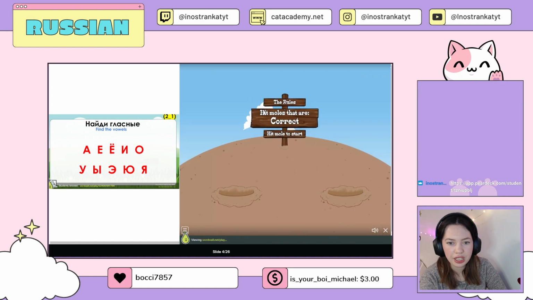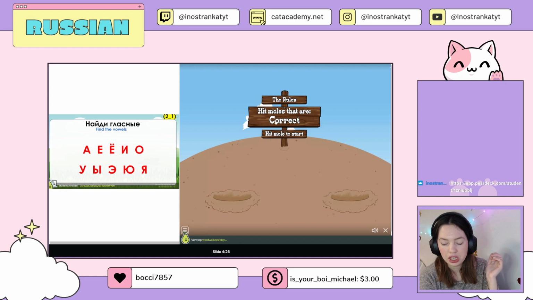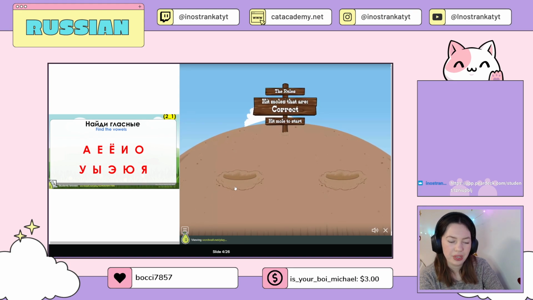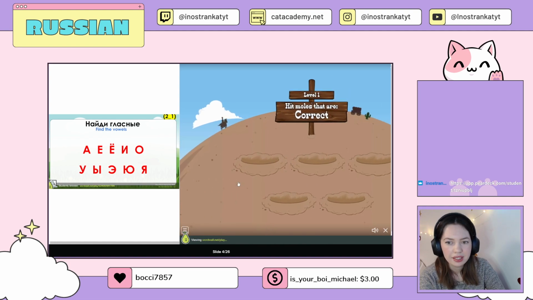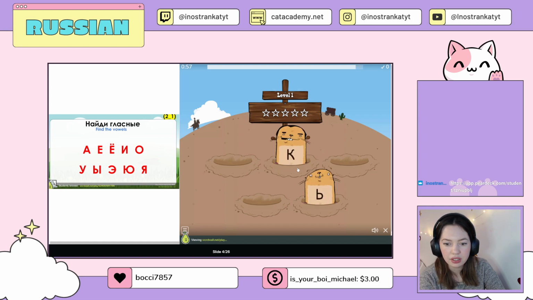And we will need to hit the moles that are vowels. So we need to only pick the vowels. Yeah! Woohoo! When we hit it. So we are going to have 60 seconds and different rounds.